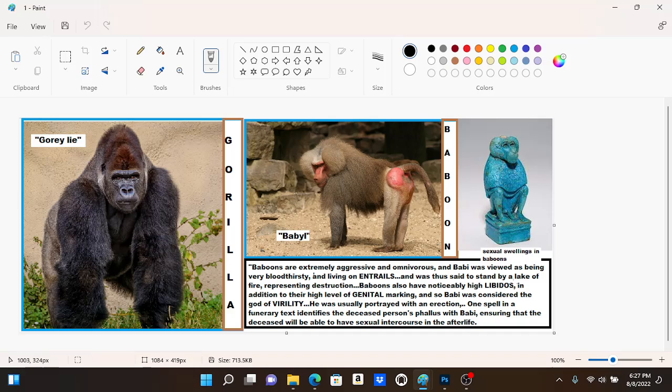But anyway, it also goes on to say baboons also have noticeably high libidos.